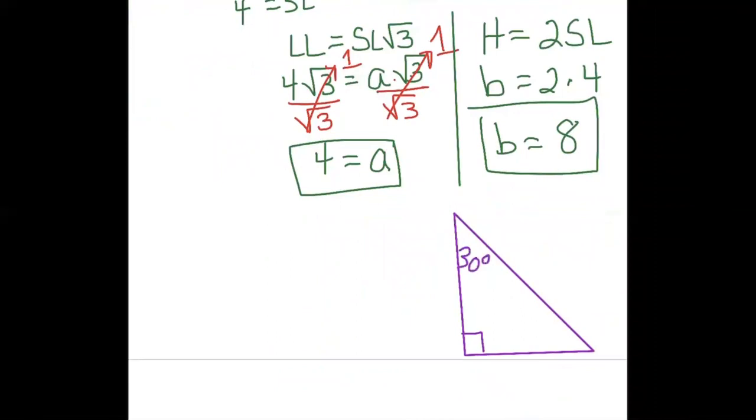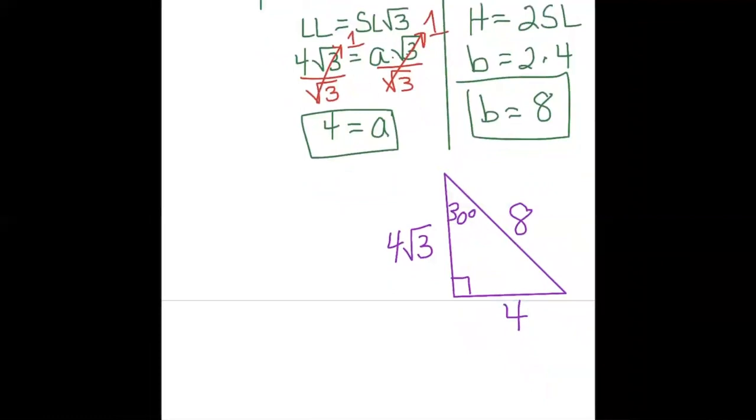All right, so we found that this was 4, this was 4 times the square root of 3, and this was 8. Look at that. Just like we said, here's the short leg. The long leg is 4 times the square root of 3, and the hypotenuse is twice the short leg. Right now I'm going to put that into another triangle. You're like, oh, come on, do we really have to do this again? Yep, you do.